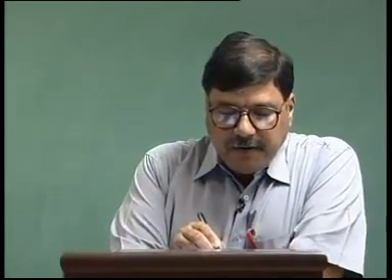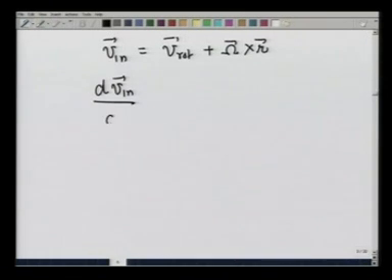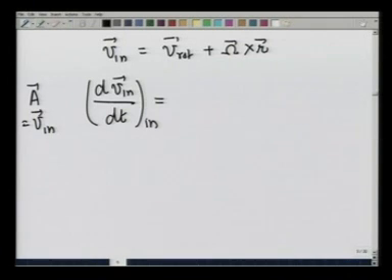Again, we have already derived v in the inertial frame is v in the rotating frame plus omega cross r. Let us observe what the acceleration is going to be in the inertial frame and how it is related to acceleration in the rotating frame. By definition, again now we take A as the v vector observed in the inertial frame.